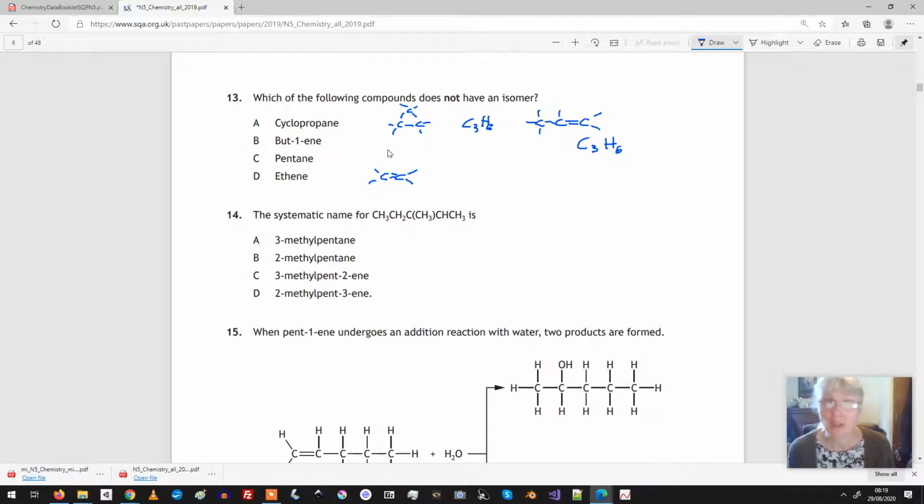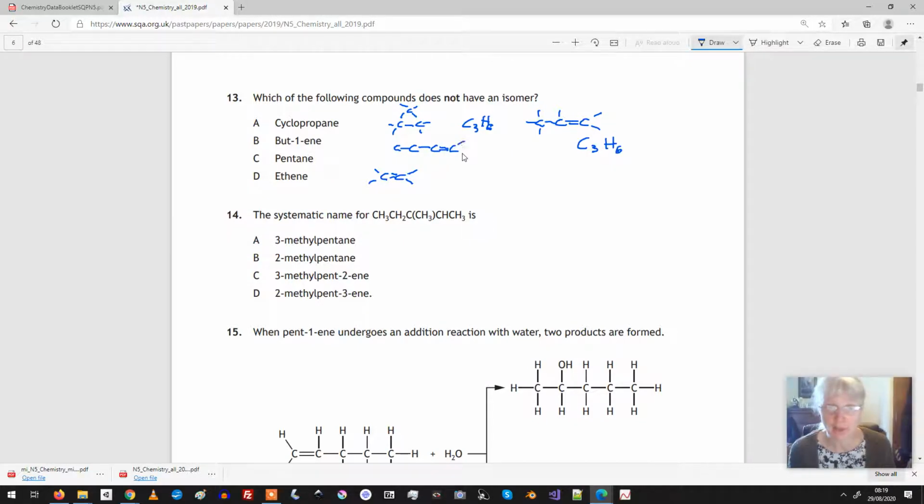And butene, that has an isomer. This is but-1-ene because it's got a double bond on the first carbon.